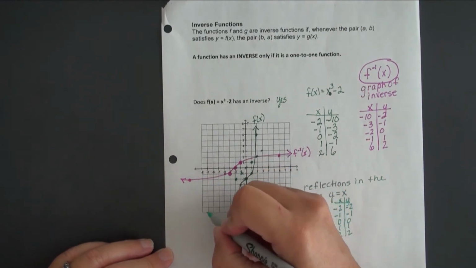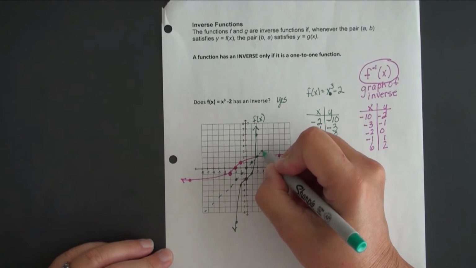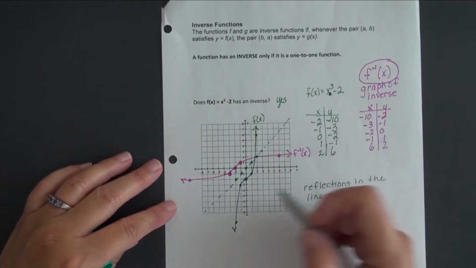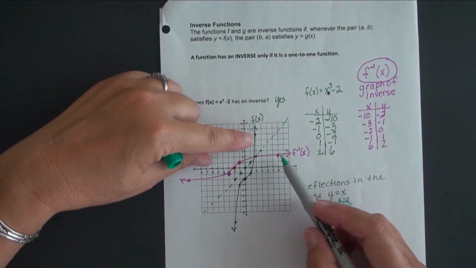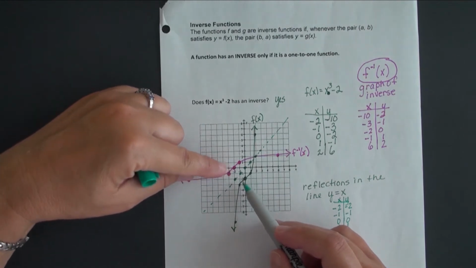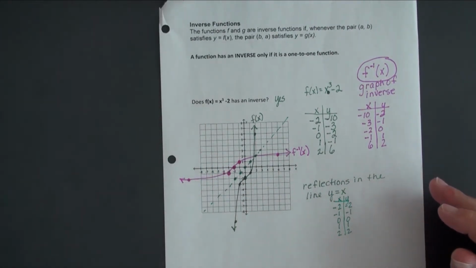I'm just going to make a little dashed line because that's not actually part of our graph. That is called the line of reflection. In other words, these graphs will reflect across the line y equals x, because the x and the y values are reversed.